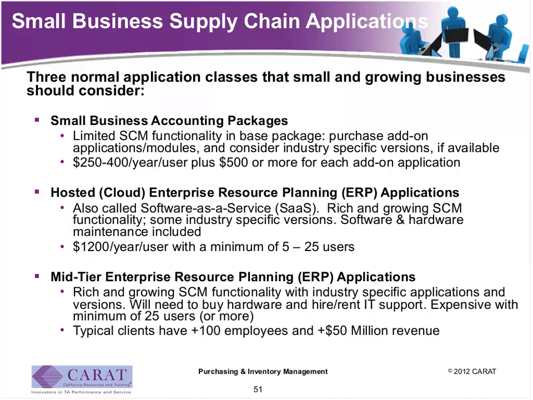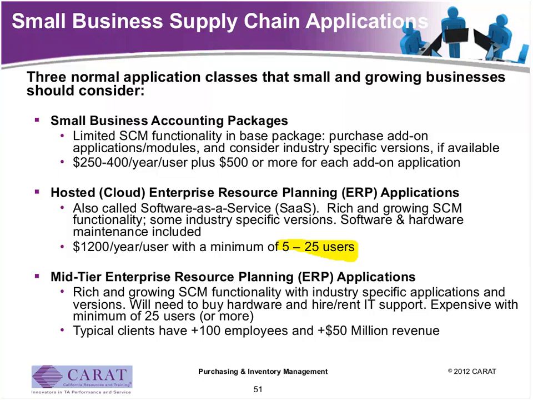The second alternative, and this is going to be for companies that are a little bit larger, so you're going to need a minimum of anywhere from 5 to 25 users before you can use this option, but it's called hosted cloud or software as a service. And again, these are ERP, which stands for Enterprise Resource Planning applications.